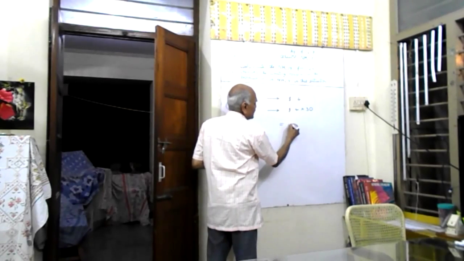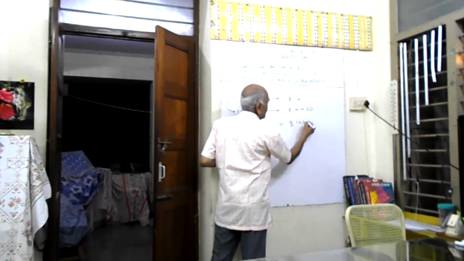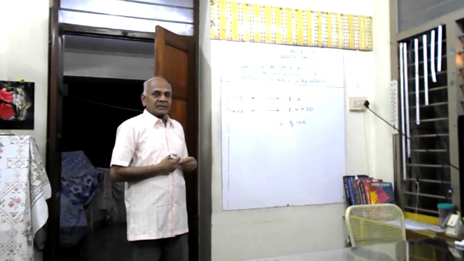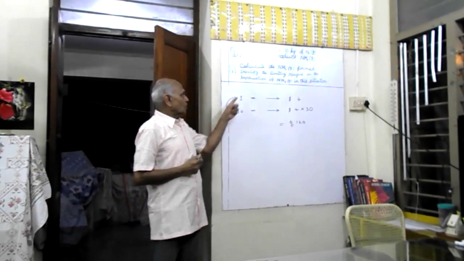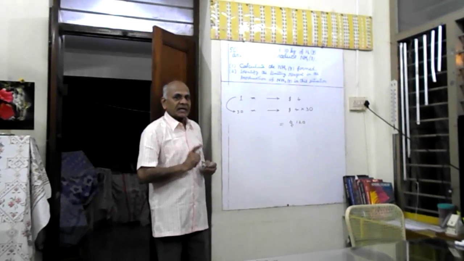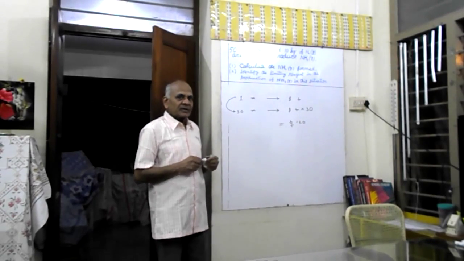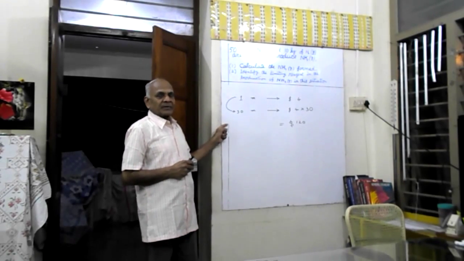And we get the answer. In some number to 1, the operation was division. In 1 to some number, the operation is multiplication. This is the second part of it. First part we call it as some number to 1. The second part we call it as 1 to some number.